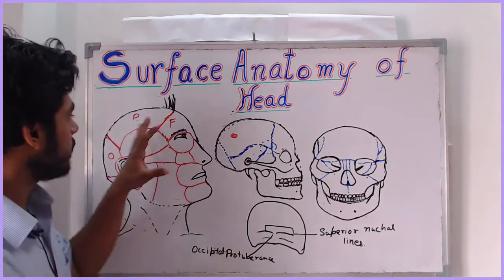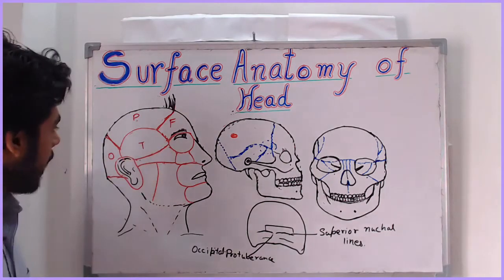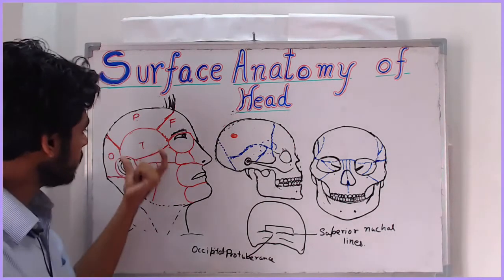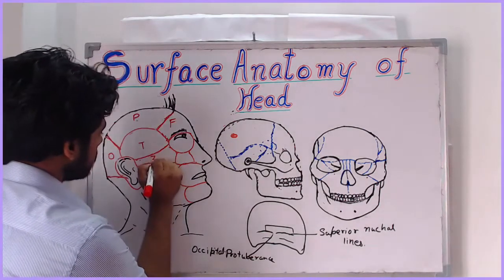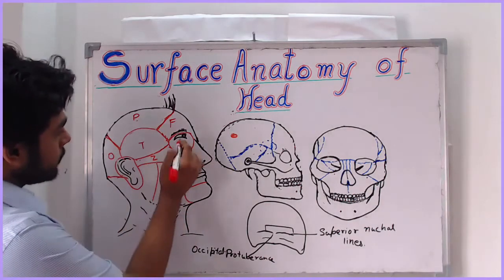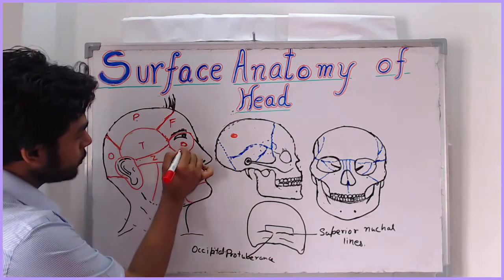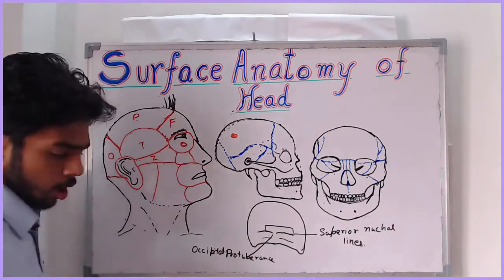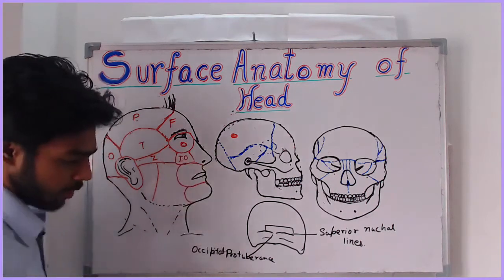So we studied the frontal, parietal, occipital and temporal regions, and behind and below this, inferior to this, we have the zygomatic region. Since this is the orbital region, inferior to this orbital region we have the infraorbital region.